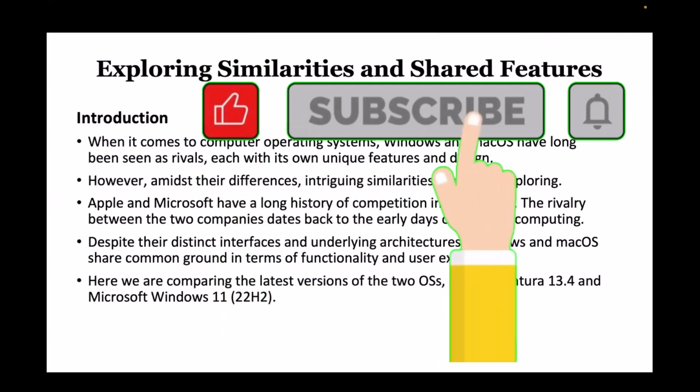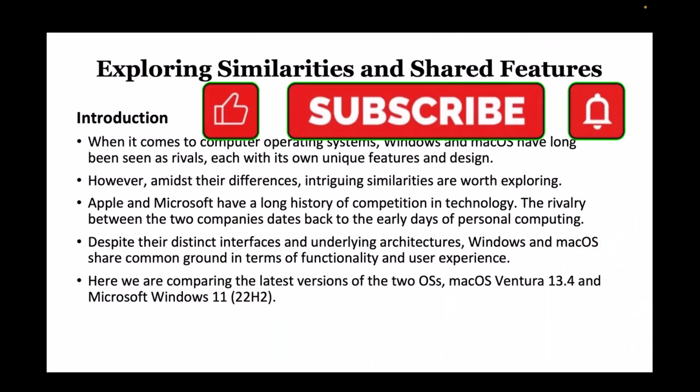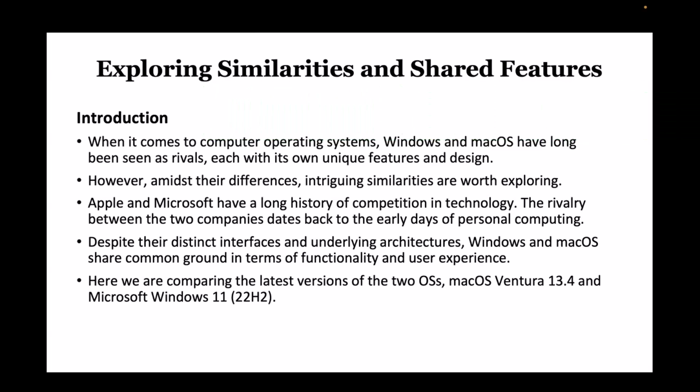When it comes to computer operating systems, Windows and macOS have long been seen as rivals, each with its own unique features and design. However, amidst their differences, intriguing similarities are worth exploring. Apple and Microsoft have a long history of competition in technology. The rivalry between the two companies dates back to the early days of personal computing.